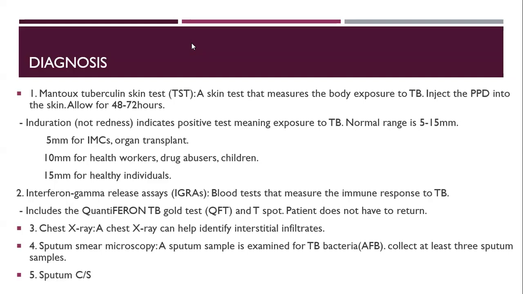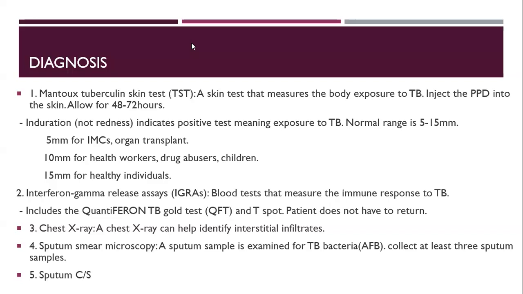A patient with HIV/AIDS, a patient taking chemotherapy, a patient who has received an organ transplant: the moment we check and it is 5 and above, it is positive for TB exposure.